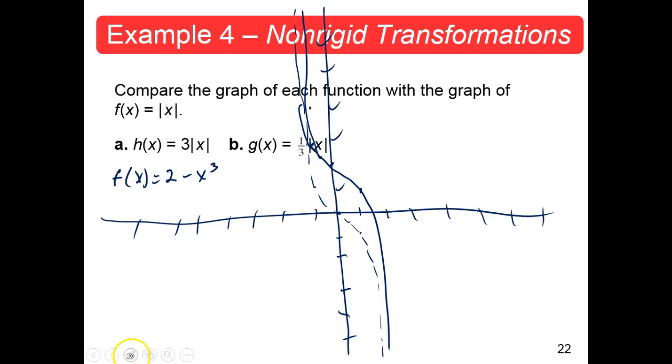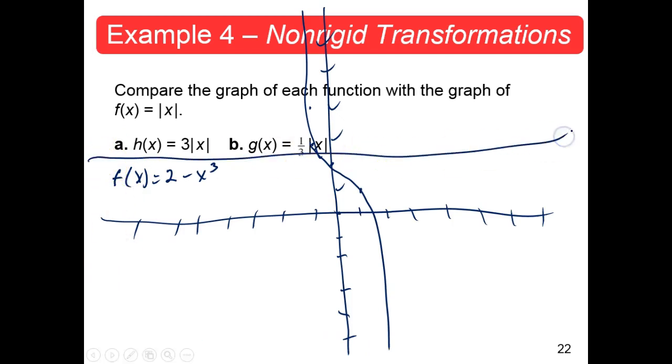This is finally our original function. That is f of x equals 2 minus x cubed.